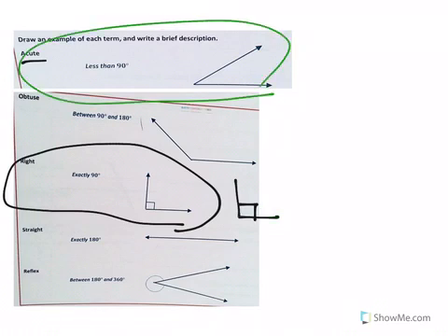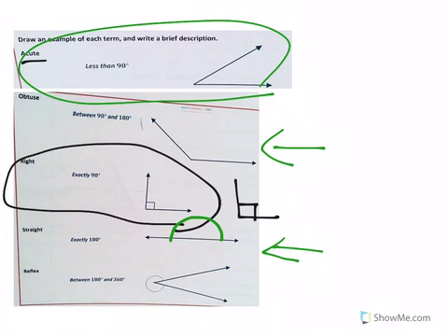If it's greater than 90, so it goes farther out than 90, between 90 and 180, or 179, it is obtuse. So 91 to 179, any of those would be obtuse, or even I guess 90.1 if you want to go that far. A straight line is 180 degrees, like a right angle that opened up all the way and was flat.